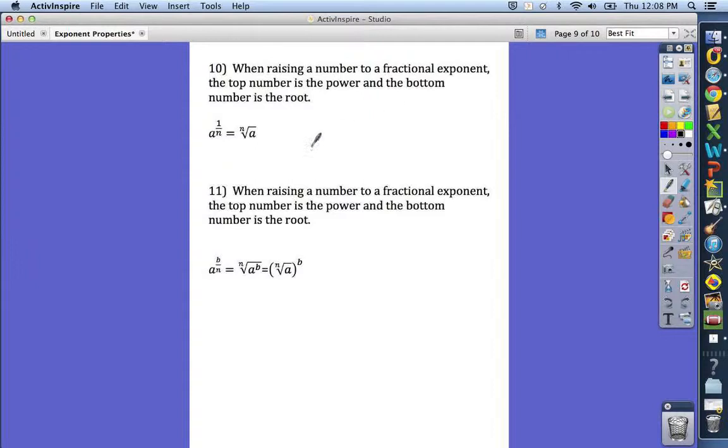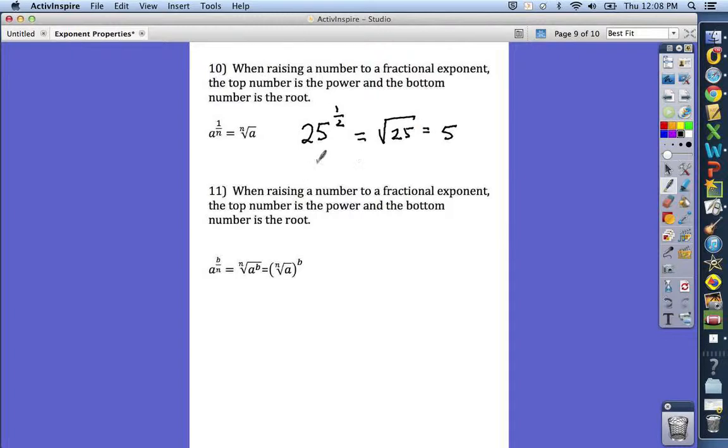And lastly, just want to talk about raising a number to a fractional power. If we raise a number to a fractional power, that is the same as saying the nth root of the number. So for example, if I said 25 raised to the 1/2 power, that's the same as saying the square root of 25, which would be equal to 5.